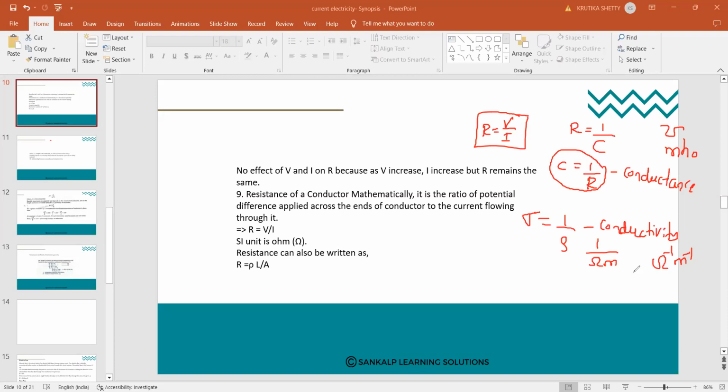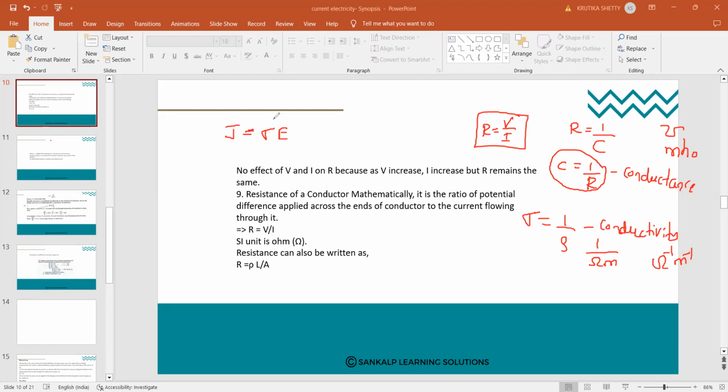Now, whatever formulas we have discussed, that is the current density and all, we can express it in terms of this conductivity also. Note down, the current density is given by, that is J is equal to, in terms of conductivity it is sigma into E. Sigma means conductivity.